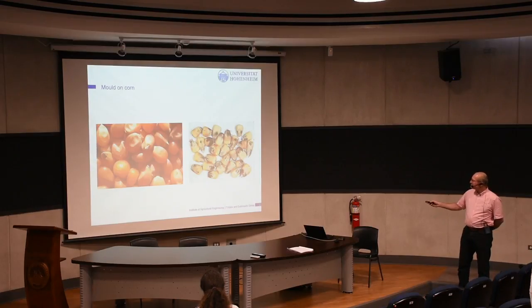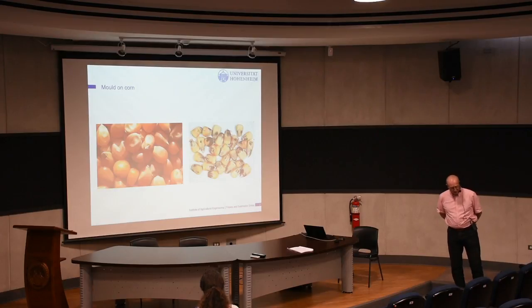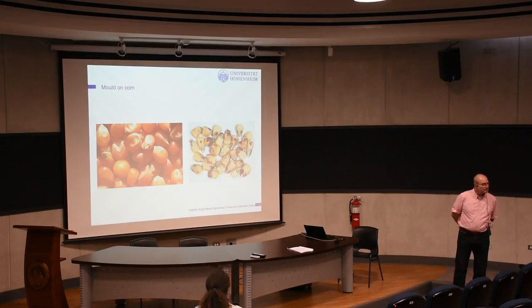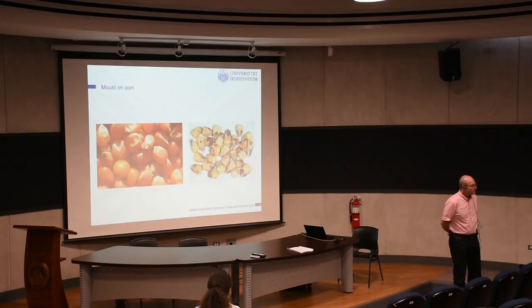And this could be Aspergillus flavus, for example, here, producing those black spots. And those fungi also produce toxins, the mycotoxins, and this is really a problem because you cannot see it easily unless you have those extreme conditions, and it accumulates in the food chain.